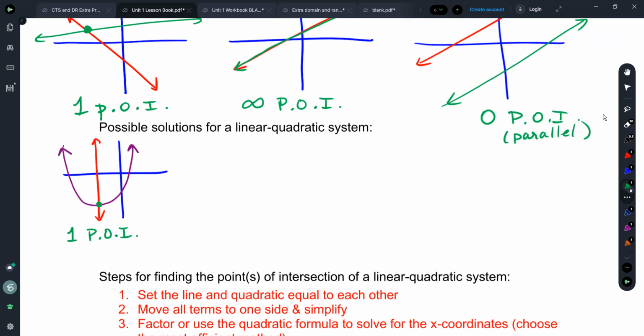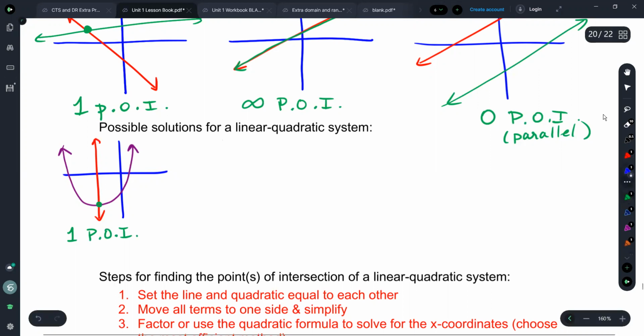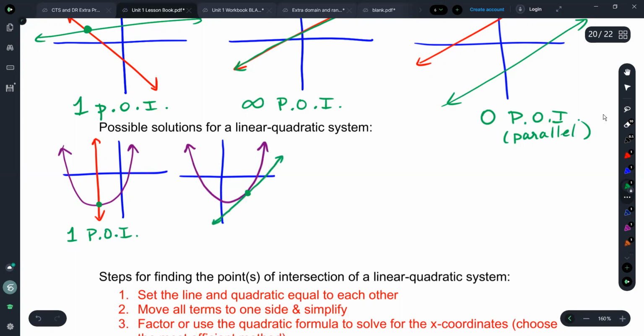There's also a second scenario for one point of intersection, and that is what we call a tangent line. So if I have my quadratic, a tangent line is a line that skims the outside of your function, your quadratic, or it could be on another function as well, at one single point.